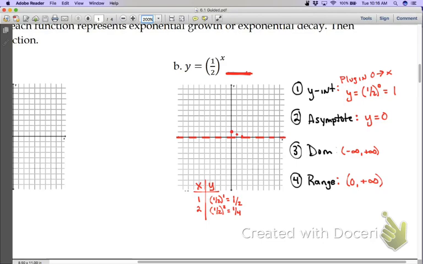So if you have to go back, same way, if I go in a negative direction, what's going to happen if I have 1/2 and I have a -1? What's it going to do to my fraction? Isn't it going to flip it to 2/1?